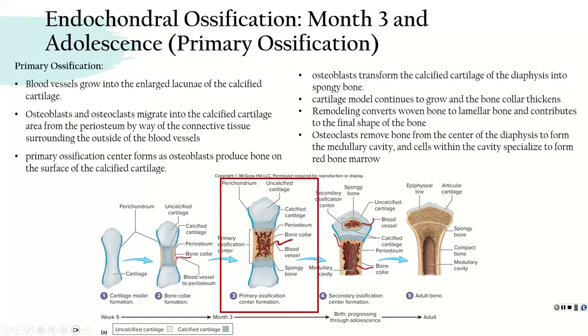Then you have blood vessels that grow into large lacunae in the cartilage tissue, and then osteoclasts can remove bone if they need to, really from the center diaphysis to form that medullary cavity, right? So this is where osteoclast activity is an example of where it's good.